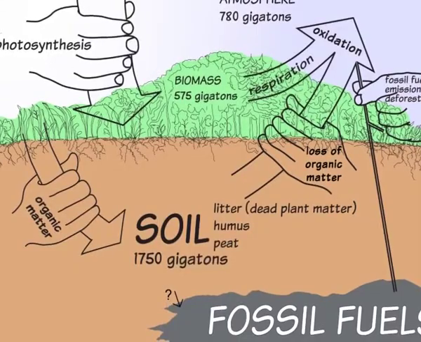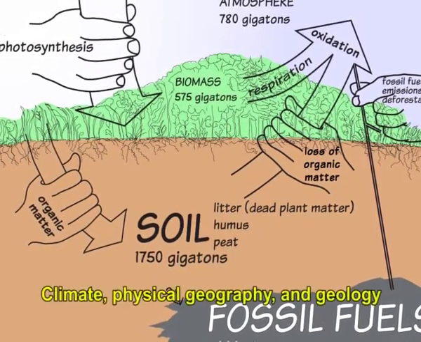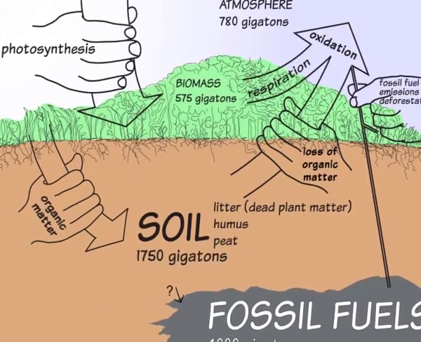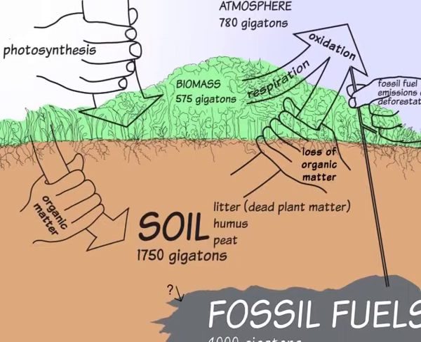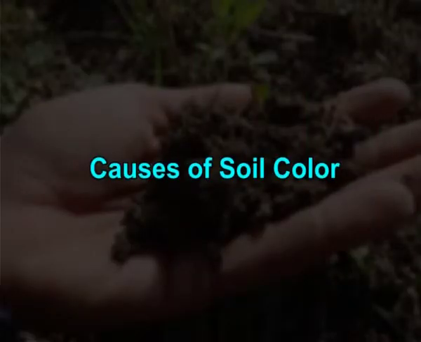Other aspects of earth science such as climate, physical geography and geology all influence the rates and conditions under which these chemical reactions occur.